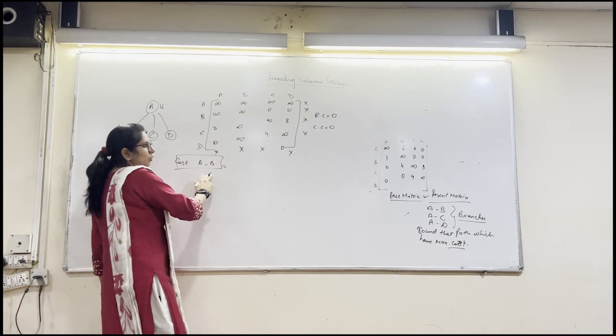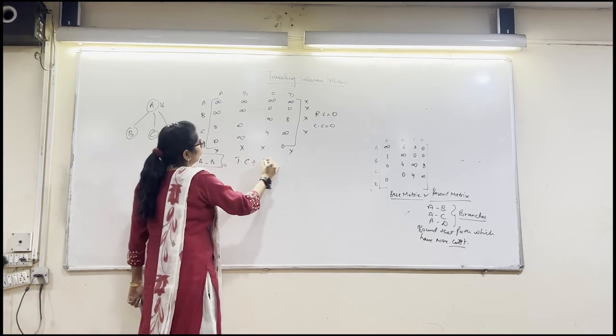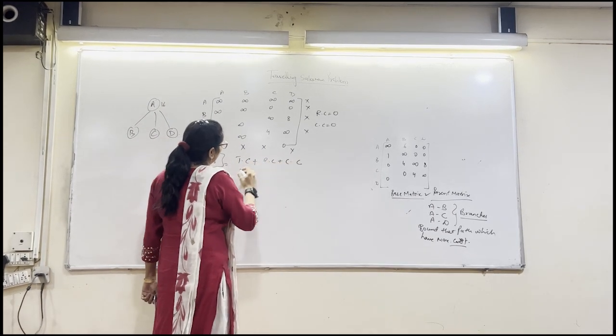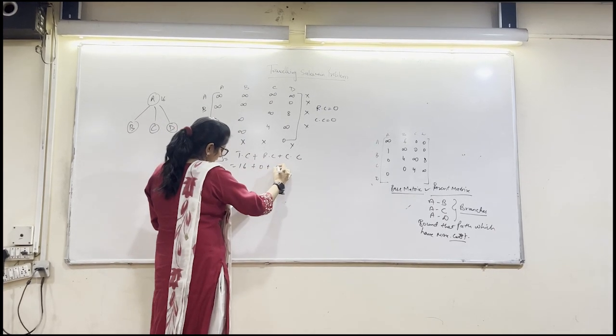Now how will we take the total cost from A to B? We will take the previous cost plus row reduction cost plus column reduction cost.